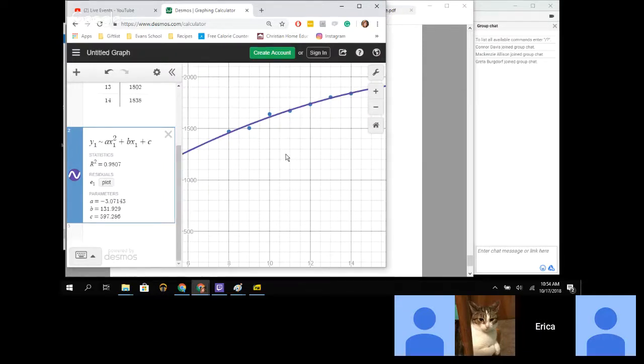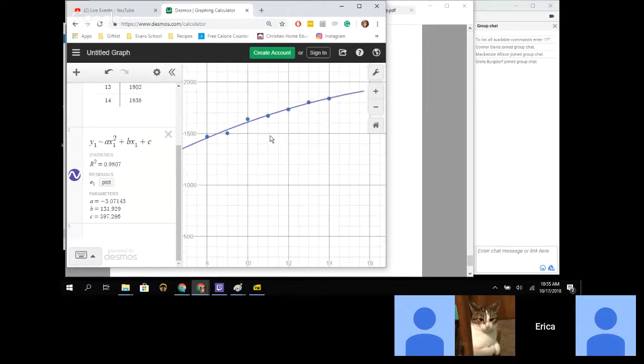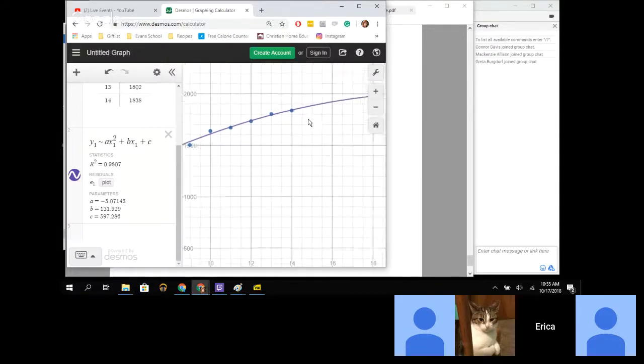So part D is interesting. This is where I think it's interesting. It says use the model to find when sales of jogging and running shoes will exceed $2 billion. $2 billion, right? So $2 billion is $2,000 million. It's basically when it crosses this line here, right?